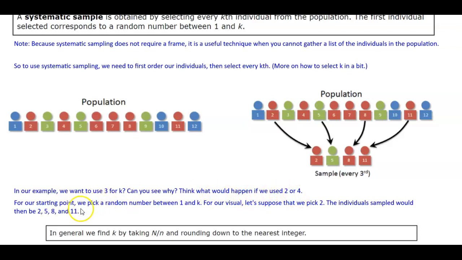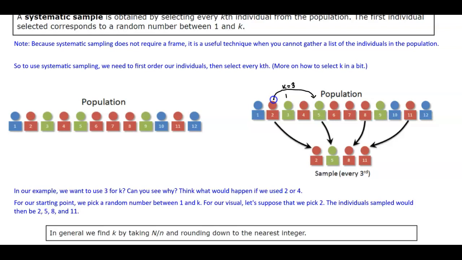For our starting point, we pick a random number between 1 and k. So for this visual, we picked the number 2. Now the individuals sampled would then be 2, 5, 8, and 11 because 2 plus 3, because k is 3.